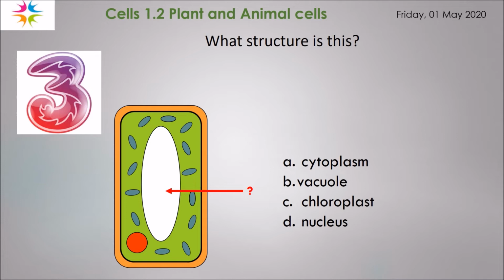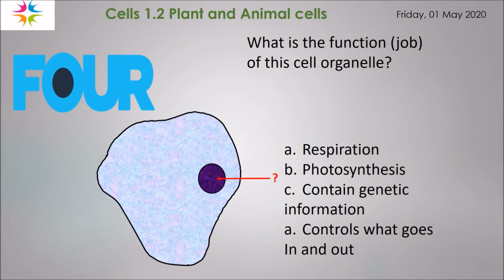What structure is this? Cytoplasm, vacuole, chloroplast, or nucleus? 4. What is the function or job of this cell organelle? Is it for respiration, photosynthesis, or does it contain genetic information, or does it control what goes in and out?